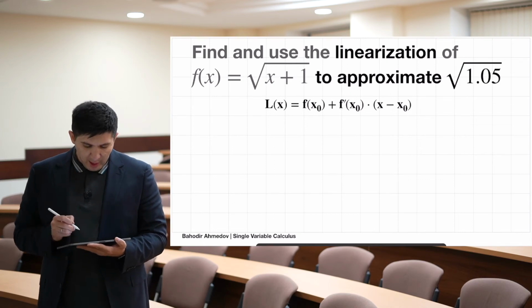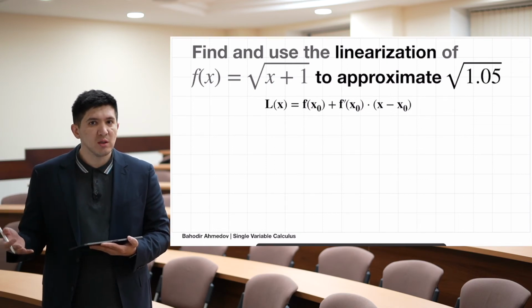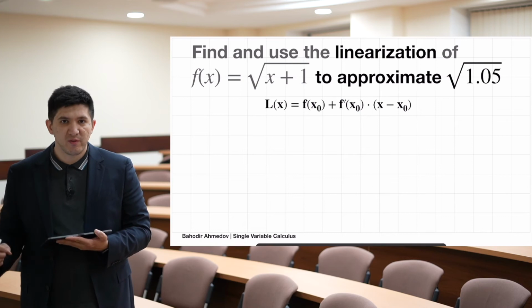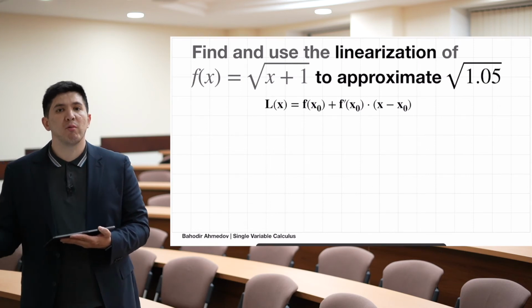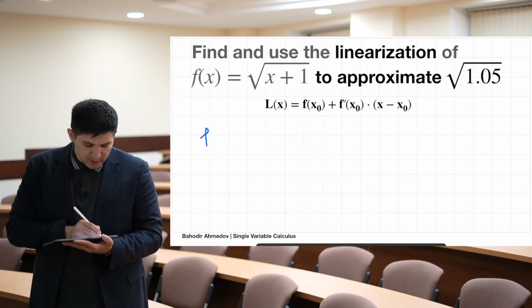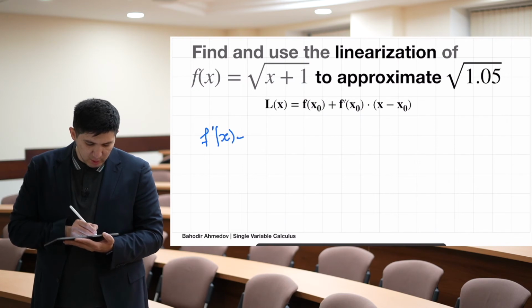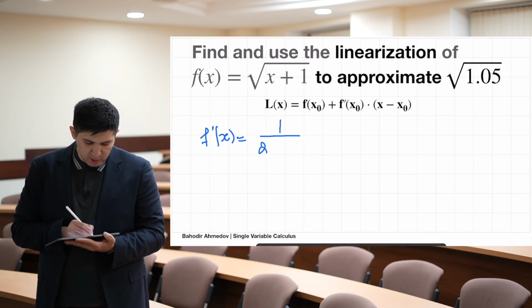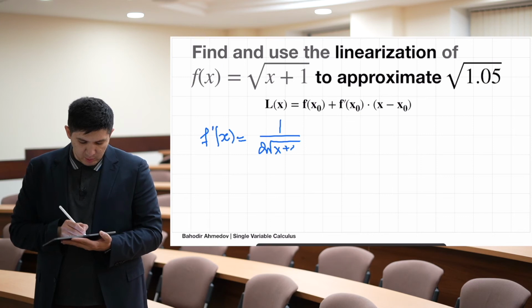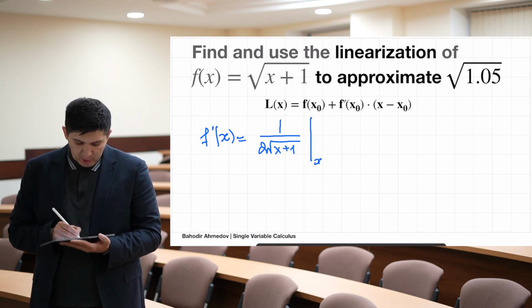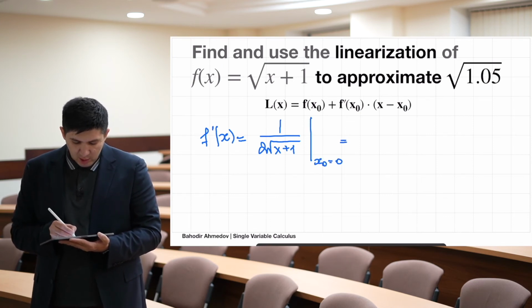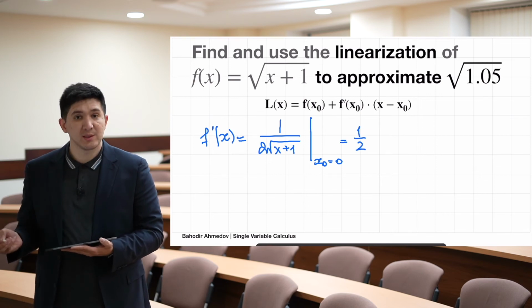So I need the derivative of this function, and also I need the derivative of this function at the point x0, which is 0. Right? So the derivative of this function is going to be equal to 1 divided by 2 square root of x plus 1. So if you evaluate this at the point x0, which is 0, it is going to be equal to 1 over 2 simply.